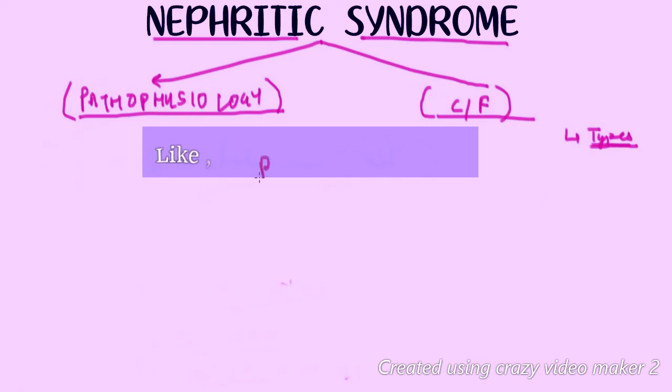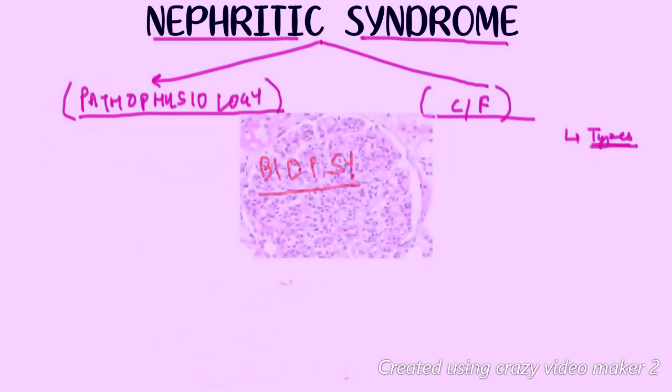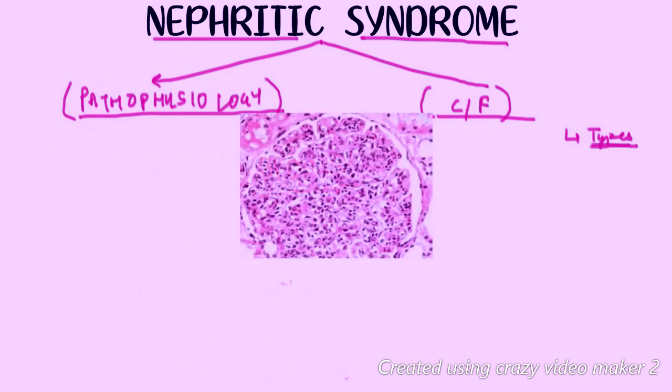In the next part we will take on the kidney biopsy. What we will see in the kidney biopsy is that there will be hypercellular glomerulus. So here is the biopsy picture which we'll see in case of the nephritic syndrome.